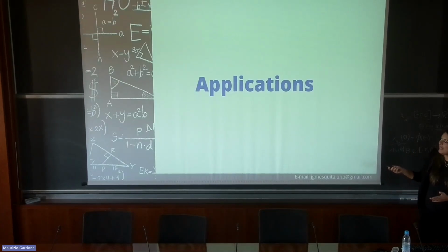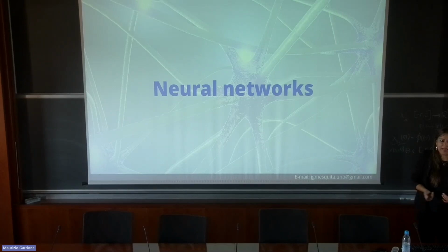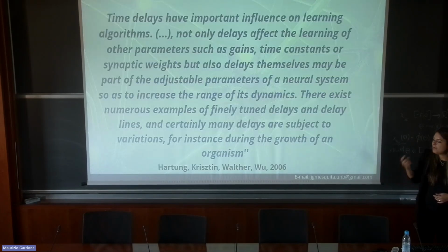So let's see a little about some possible applications of this type of equation. The first one is about neural networks. These authors realized the importance of delay when you deal with neural networks, because when you send some information, this information takes time to process, and this time can be viewed as a delay.